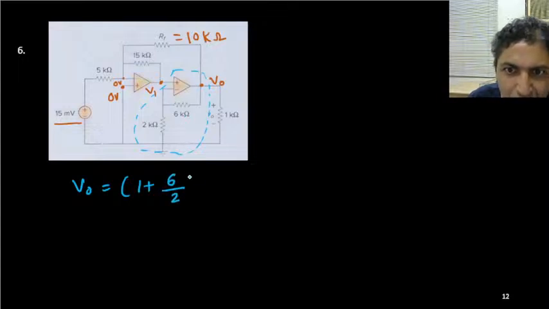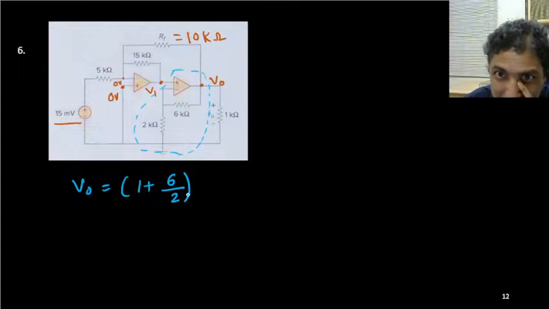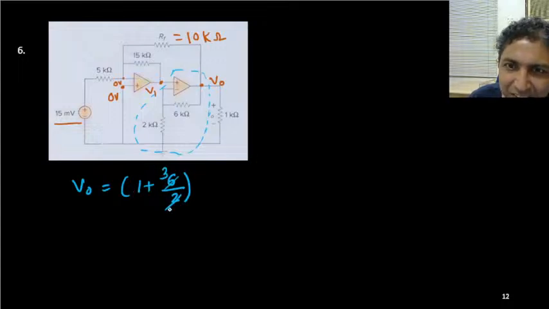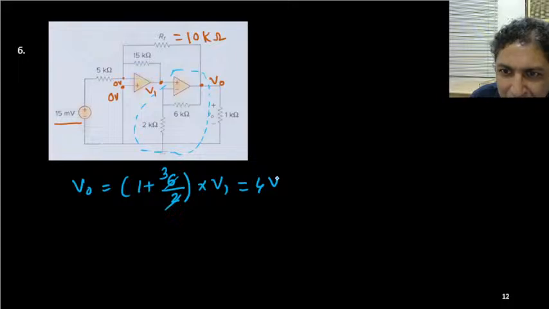RF by R1 is 6 by 2, which is 3. The gain is 1 plus 3, which is 4, and this potential is V1, so it is 4V1, correct? So we have got V0 in terms of V1.